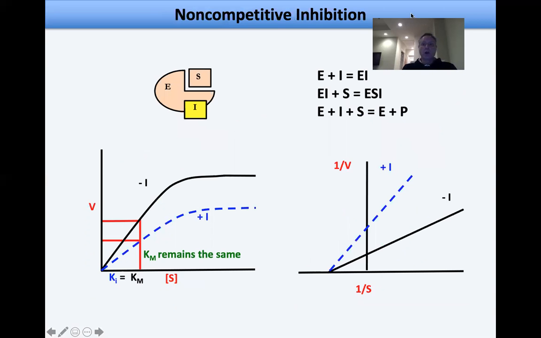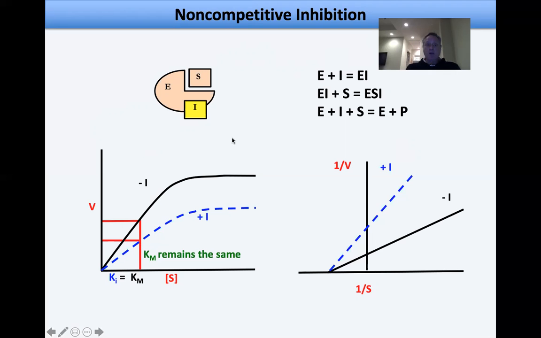There's also non-competitive inhibition. In non-competitive inhibition, the inhibitor binds to an allosteric site, a site outside of the active site. That means the substrate binds under normal conditions, with normal affinity, so the Km remains the same, which is interesting.